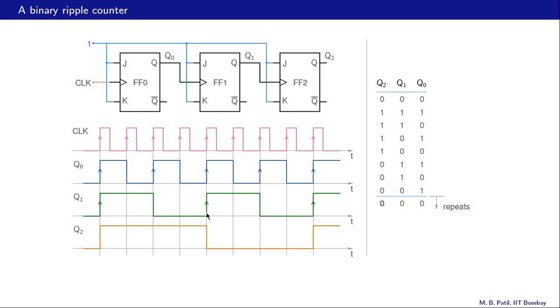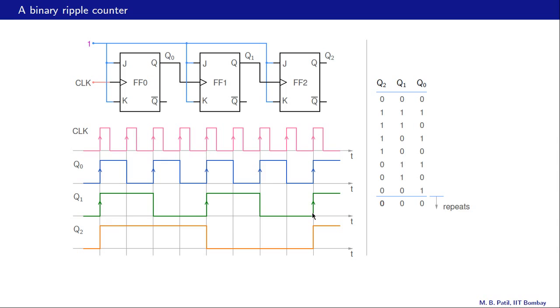So it toggles at all of these time points, and that is what we get. Now Q1 serves as the clock for the third flip-flop, and therefore we are now looking for positive edges in Q1, and those are marked here.